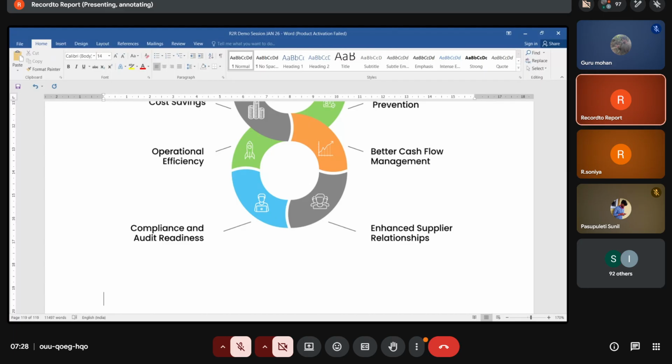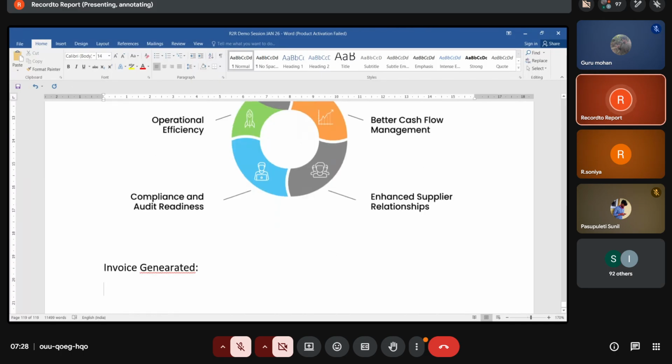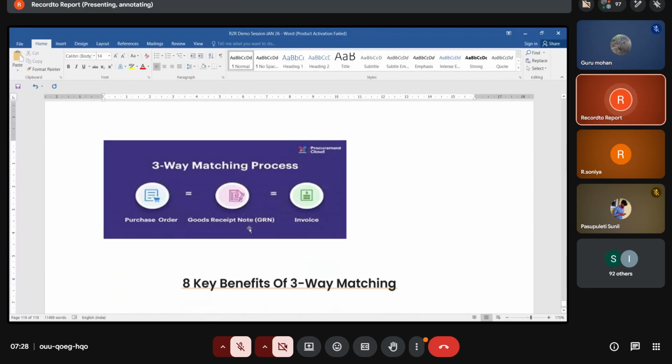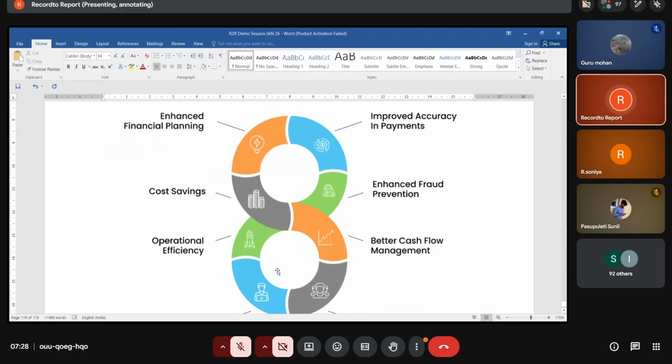Understand? So once done with this, guys, invoice generation will happen. Invoice generated. Okay. So what is the entry we book for the purchase of goods, purchased to GRIR? Now, what is the entry to be booked in the books of accounts? GRIR. We validated three-way matching, purchase order, goods receipt, and invoice receipt. All these three are matching.